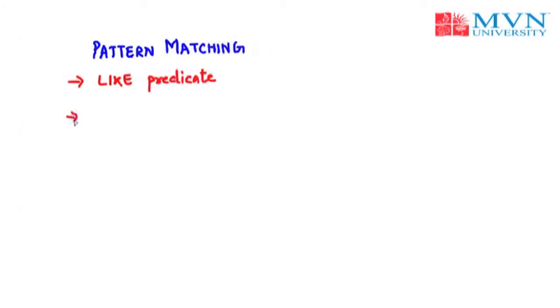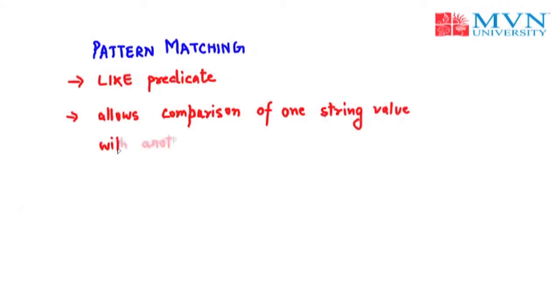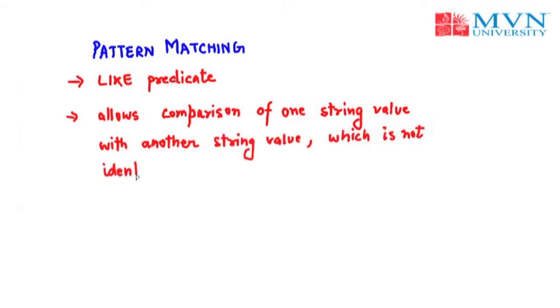The next operator is the LIKE predicate, which is used in pattern matching. The LIKE predicate allows comparison of one string value with another string value which is not identical.